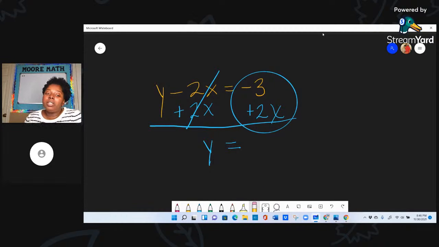Remember, tell me what the slope-intercept formula is. y equals mx plus b. So I have an x, I have a b. Tell me how I'm writing this. y equals -2x plus 3. You got it. Come on.